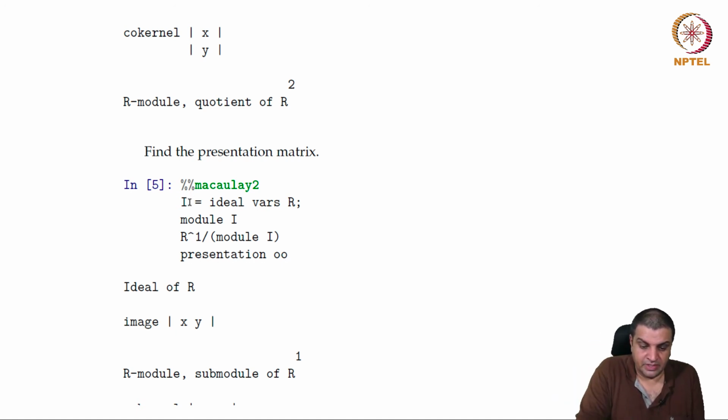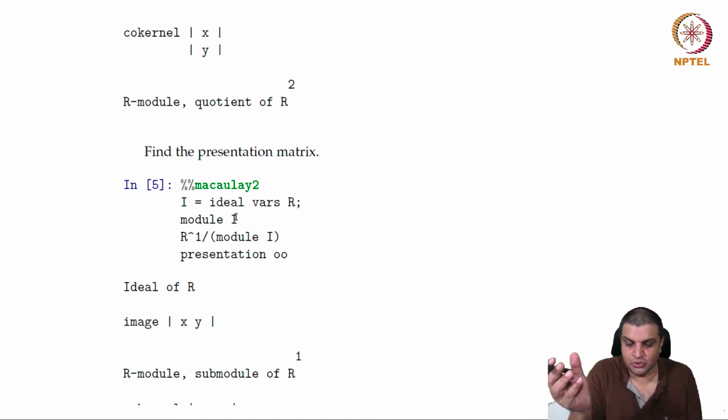So here we define I to be an ideal of R, and we write the command module of I, which constructs the module corresponding to I. It's the same abelian group, but now its type has changed to module.